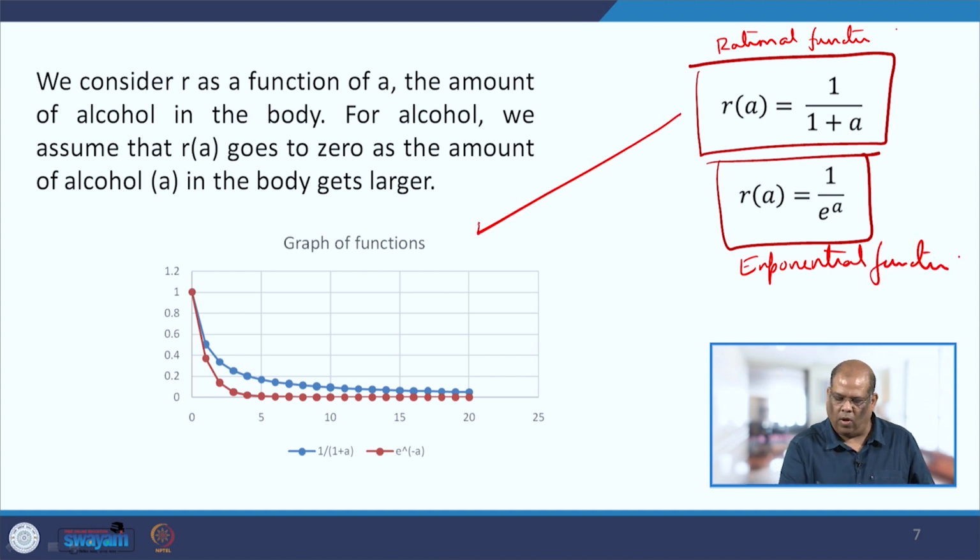If both are plotted, you see that both of them go to 0 with time. So, we can choose both the functions as the rate.